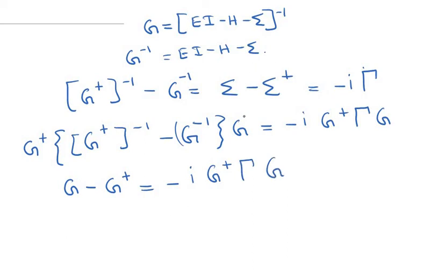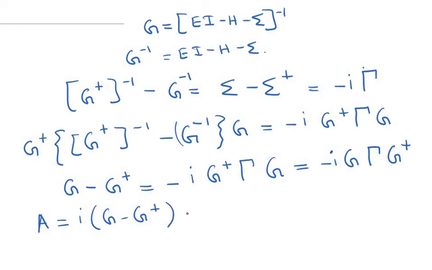Similarly, we could have multiplied by G dagger here, and we could have multiplied by G here. Then also the equation would come out to be the same. So this is basically equal to minus i G gamma G dagger. So the spectral function of the channel A is basically i times G minus G dagger.